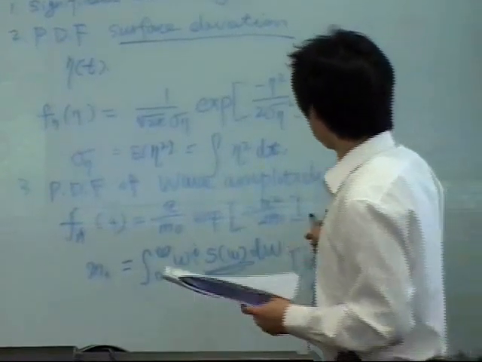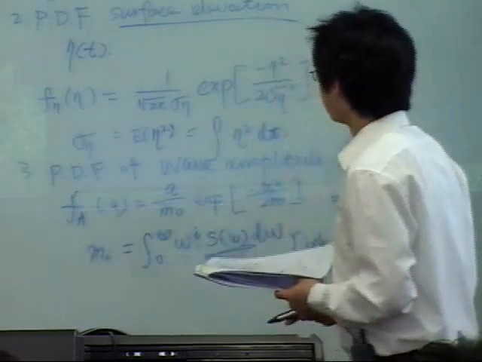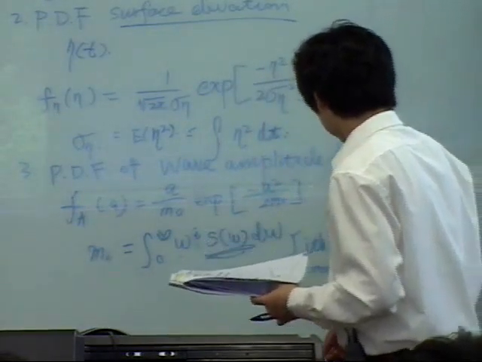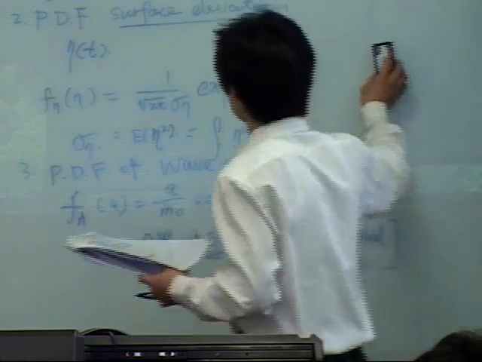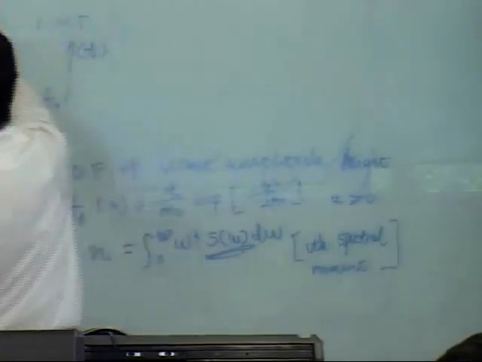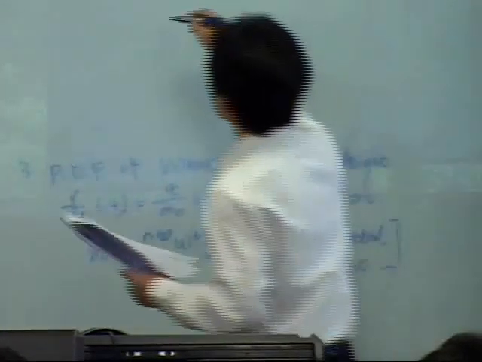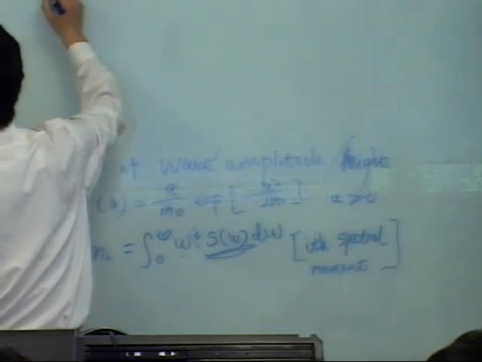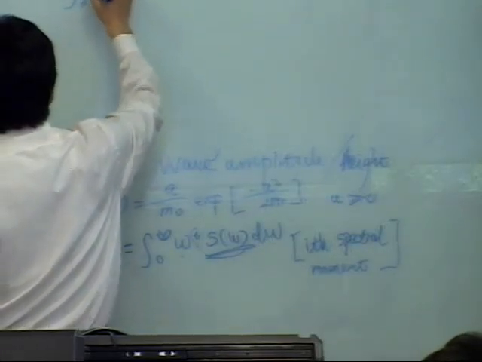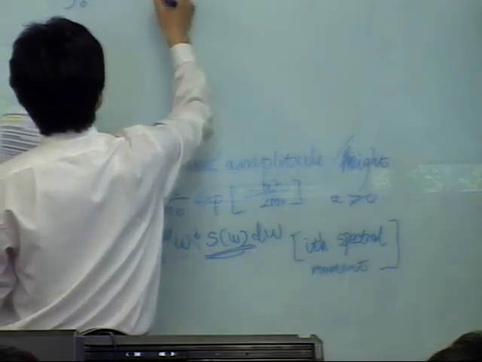Okay, here M now means i equals 0. That is, M now is the integral of S omega d omega.